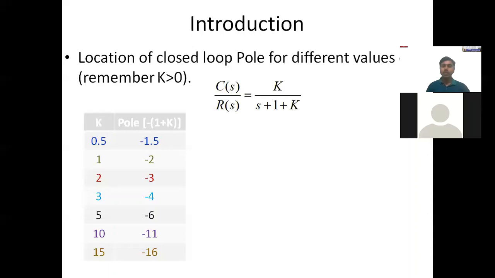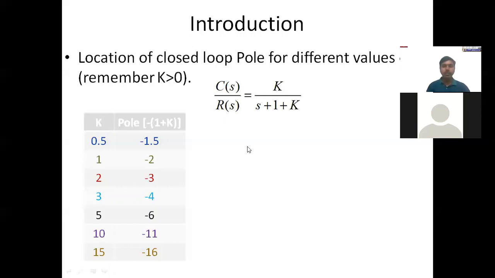Therefore, there is a limitation on the K value to make the system stable. By changing the K value from 0 to infinity, we'll find the range of K such that we can design a system to be stable.